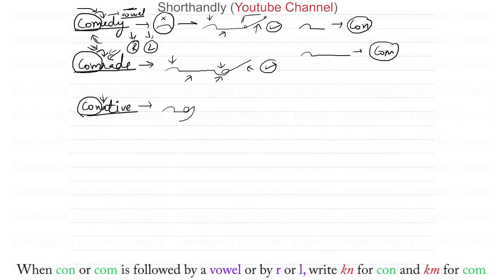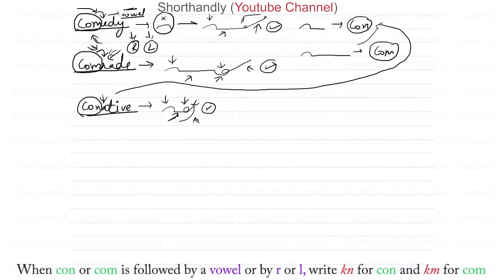So we have to use this K and N individually, as the statement says. So we have this first K, then the short stroke, which is N, then a vowel, then this T stroke, then finally this long curve, which is V. So this is our word connotative, because here we have this con, and that's why we use this K and N individually.